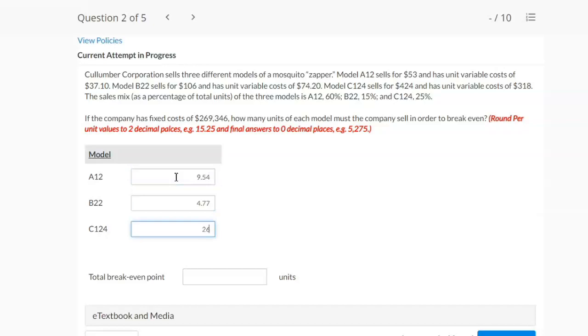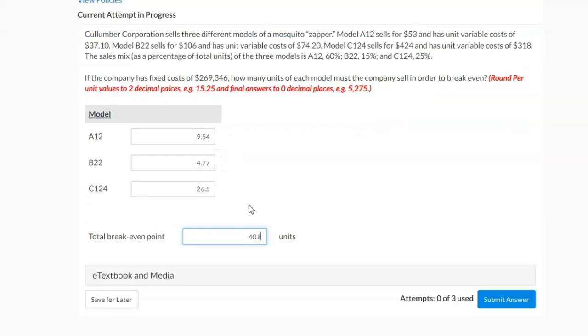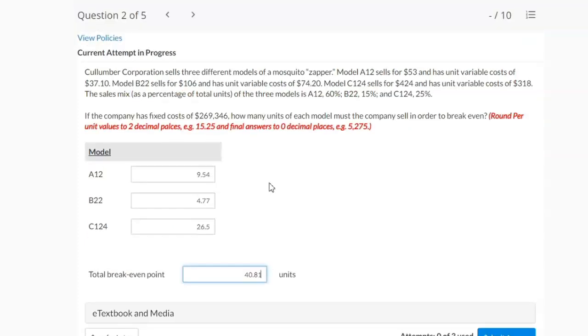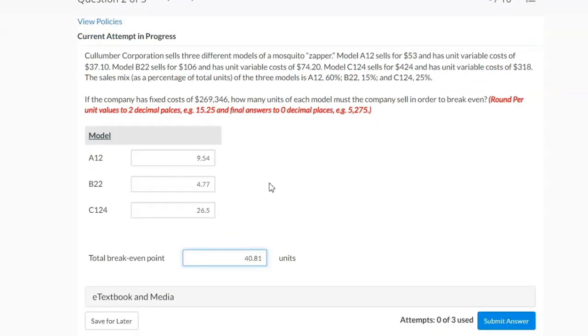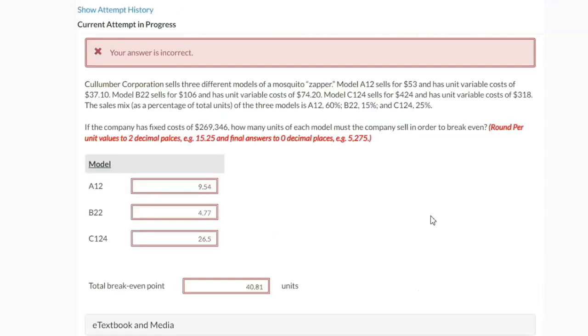No, don't put it in there yet. What are you doing? I took the contribution margin, which is the selling price minus variable cost, the contribution margin per unit, and then I multiplied it by the sales mix.